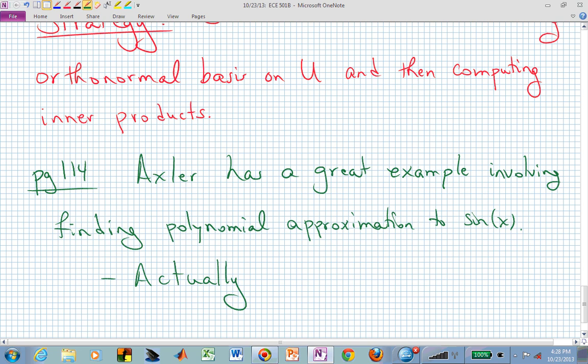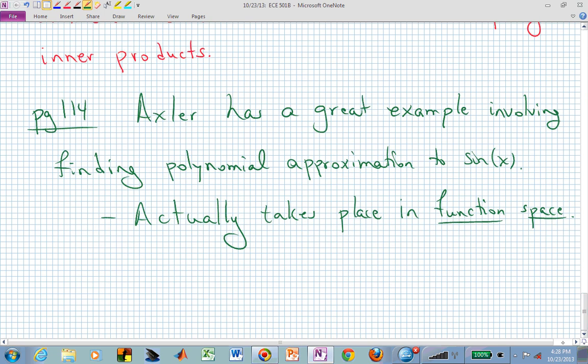So with a six-dimensional U, he can get a pretty good approximation to this infinite dimensional waveform, or in function space, capital V. That actually takes place in a function space, which is where we're going in maybe the last part of this semester, infinite dimensional V's.